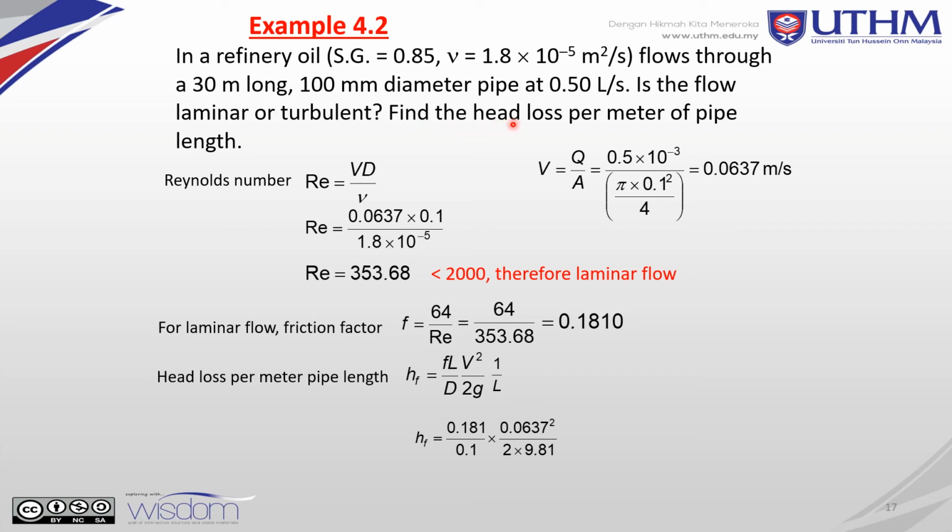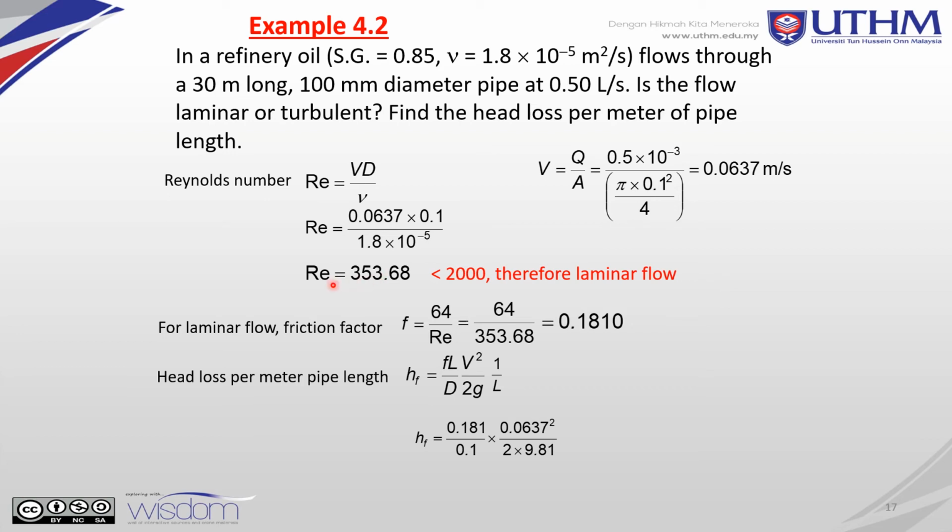Find the head loss per meter of pipe length. We use the Reynolds number here: velocity times diameter divided by viscosity, because in this question they give you the kinematic viscosity. Putting in all the parameter values, you get a Reynolds number less than 2000, so this is a laminar flow.